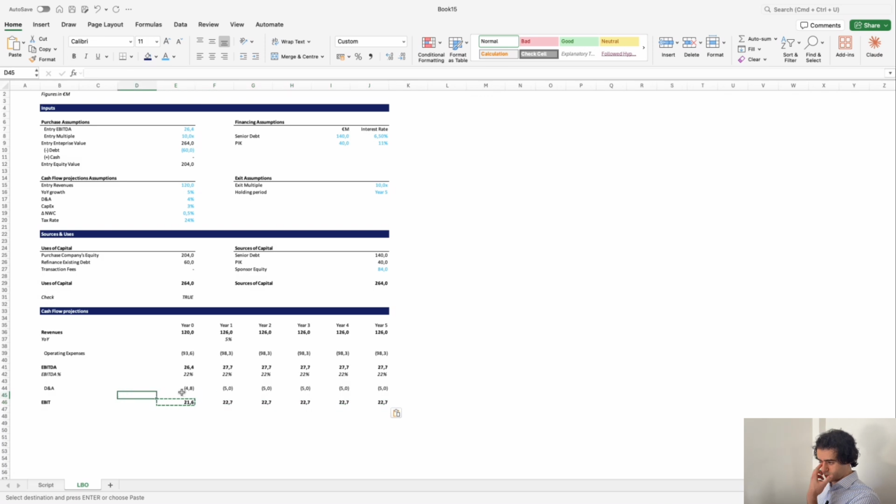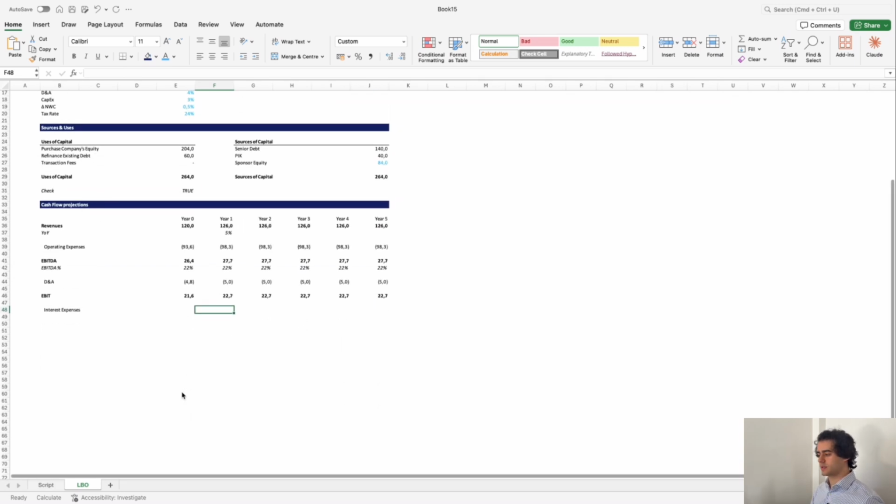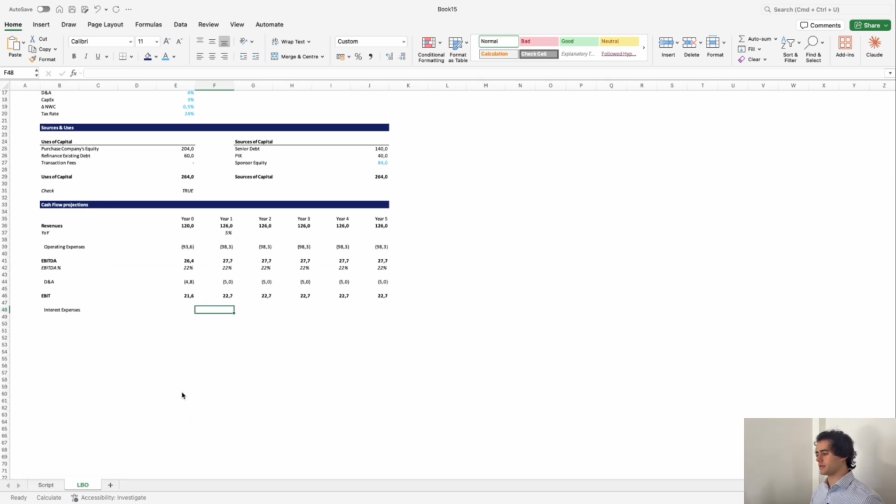And so now the interest expenses. The interest expenses will start from year 1, since we will buy the company at year 0, but the debt will start accruing interest only from year 1.